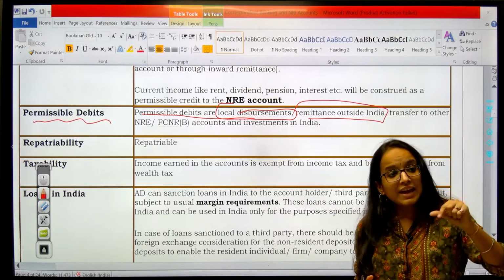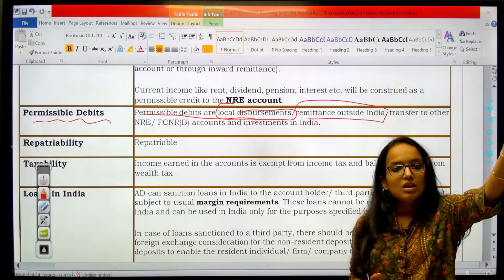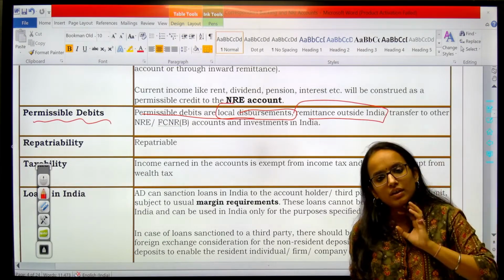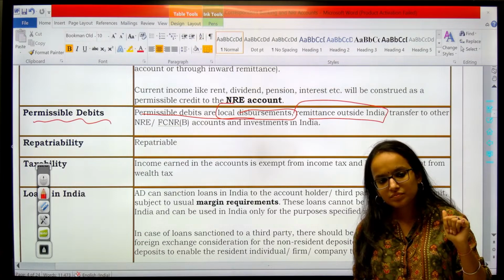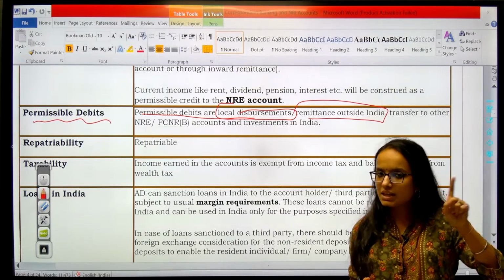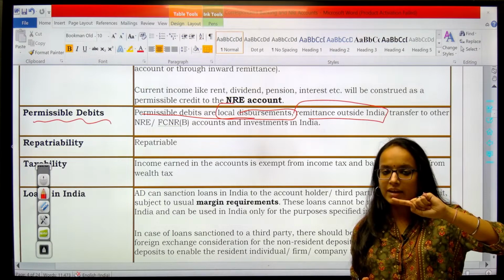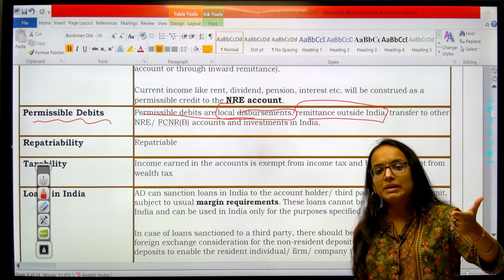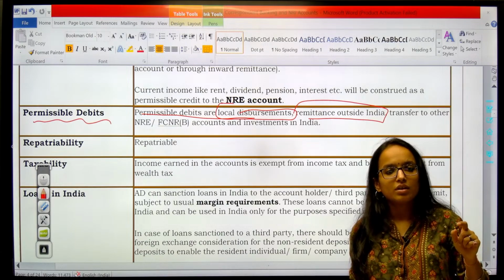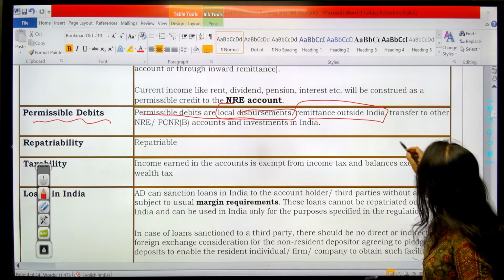You can also send remittance from NRE account outside India to any of your relative residing out of India. So incoming remittances are also allowed, and outward remittances are also allowed in your NRE account, right?